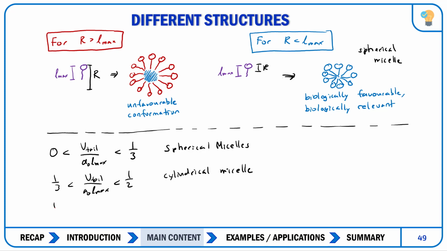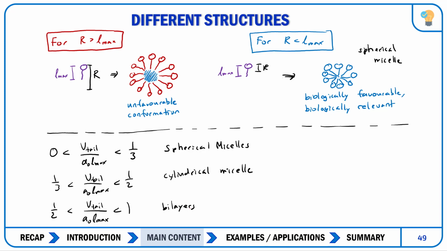And then if you have 1/2 to 1, then you end up with bilayers, because that means that bending is not preferable to that degree.